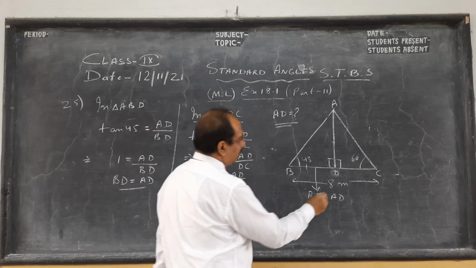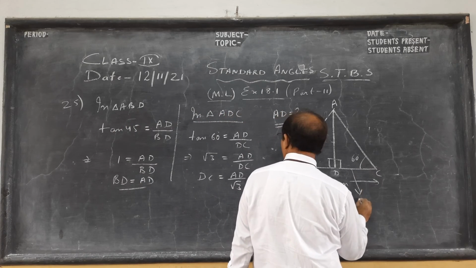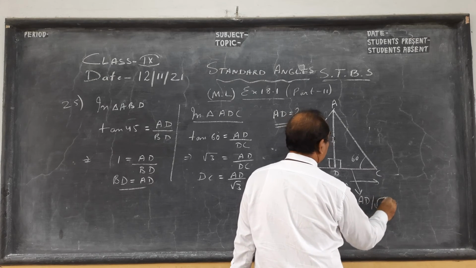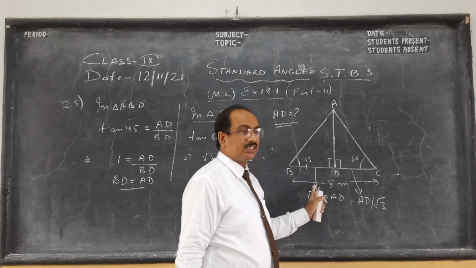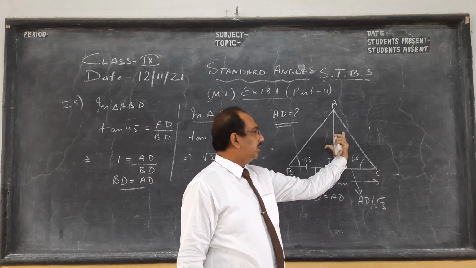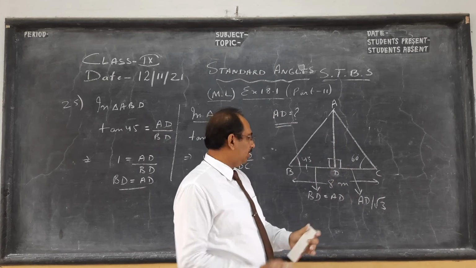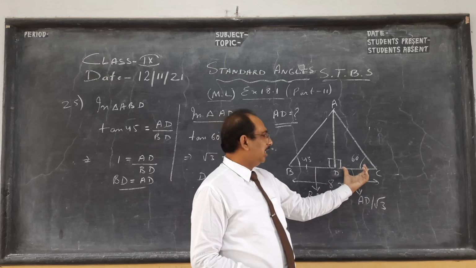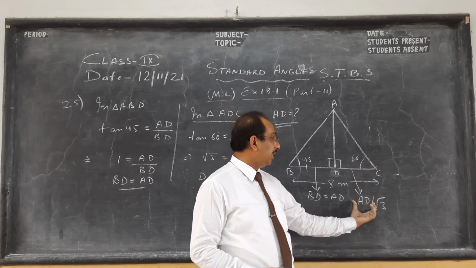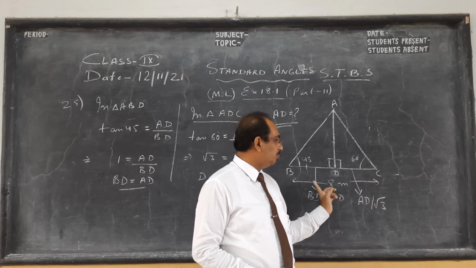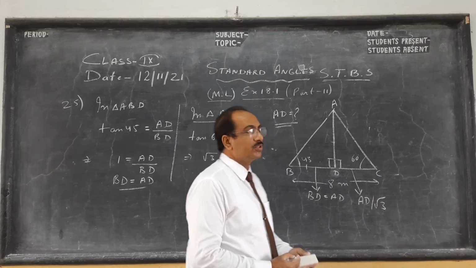So see what I have done, I have got DC in terms of AD. Now this full distance we got in terms of this. In place of BD I can write AD, in place of DC I can write AD by root 3, and we know the total is 8. So simply we will add this and solve for AD.